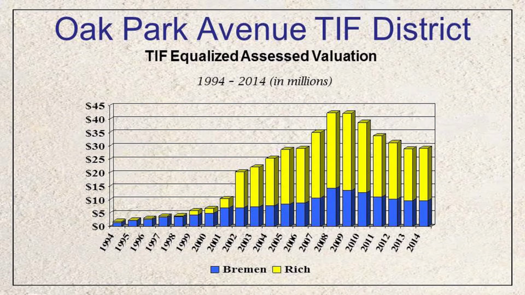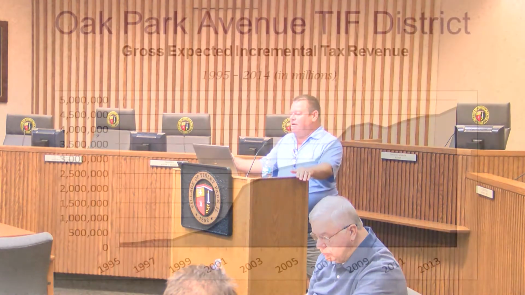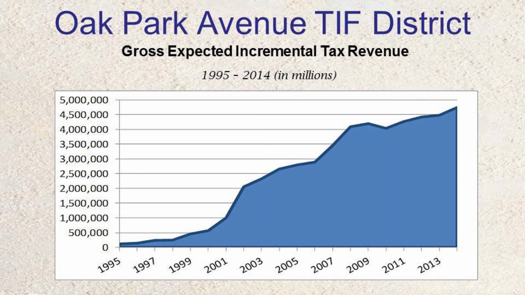So arguably the shakeout of the property value adjustments due to the recession is done, the rug's been shaken, and we should now be starting to climb again. The incremental revenues, however, with a couple of little dips, have continued to climb throughout the life of the TIF so far.